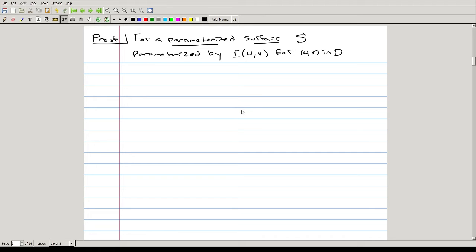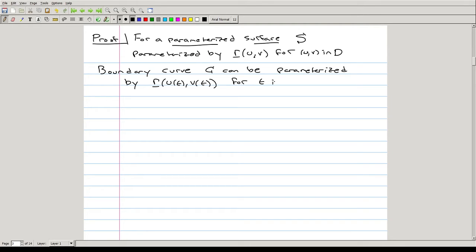We assume that we have a surface that we parameterize as S, and the boundary curve C can then be parameterized, connecting it with the surface parameterization, by R of u of t, comma v of t, for t in some set I, where I is a subset of the real numbers and D is a subset of two-dimensional space.